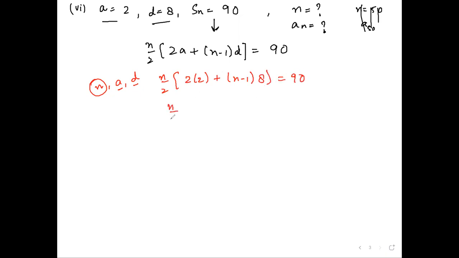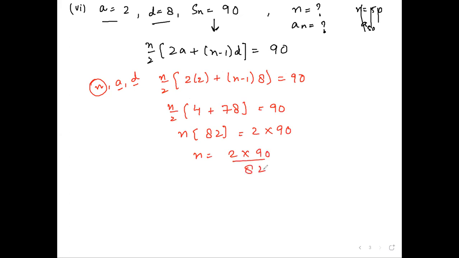N by 2 into 4 plus 7, 8 is equal to 90. So n is equal to 2 into 90 divided by 82, so this will be 90 divided by 41.